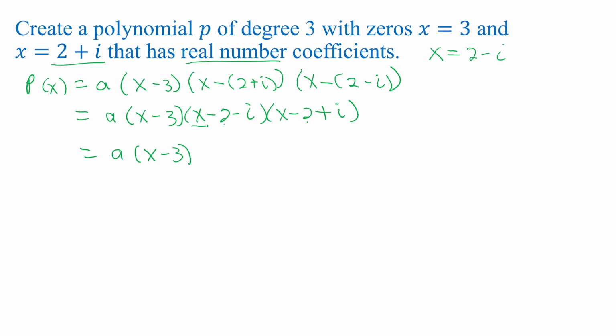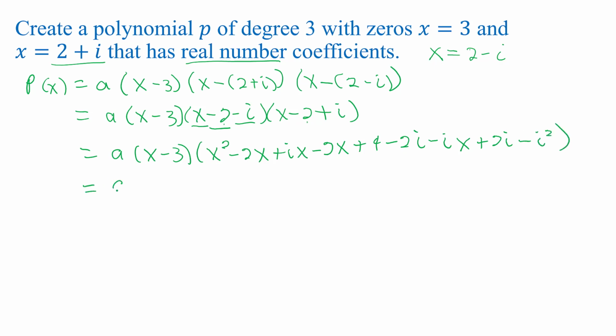We'll begin by distributing this x through, so we have x squared minus 2x plus ix. We will then distribute the negative 2 through to give us minus 2x plus 4 minus 2i, and then the negative i, so we have minus ix plus 2i, and then minus i squared.